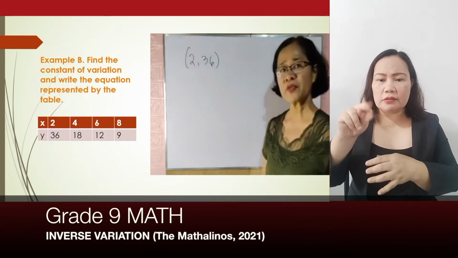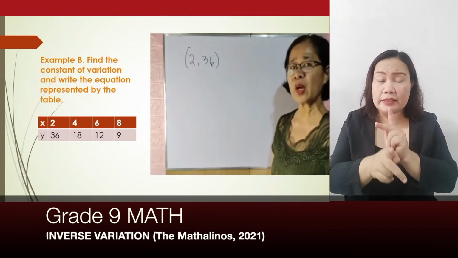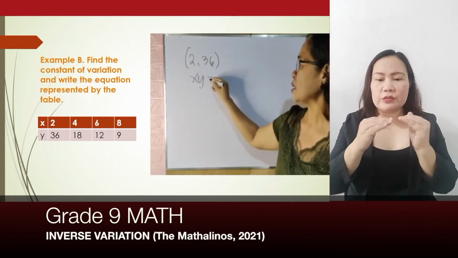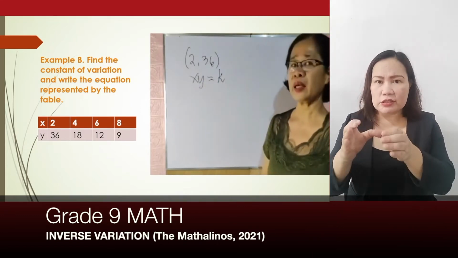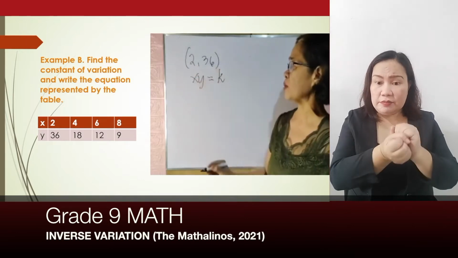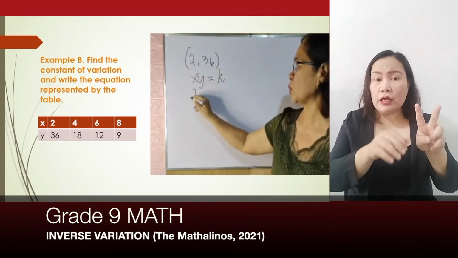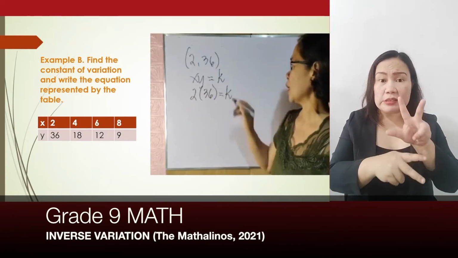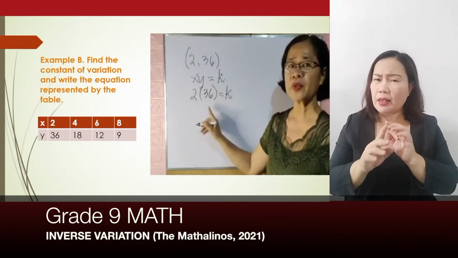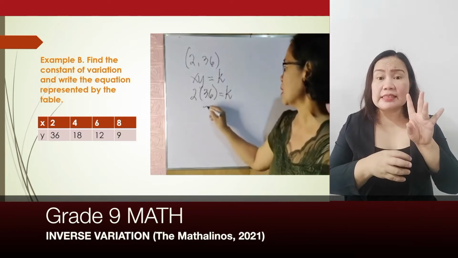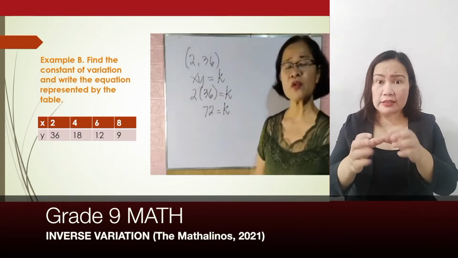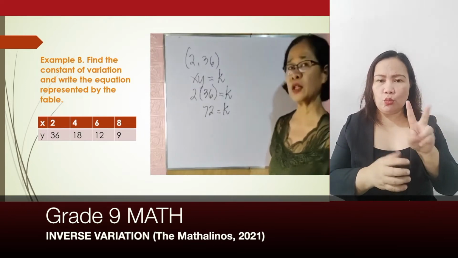In an inverse variation, the product of two quantities is a constant. So we have xy equals k. Substitute these values to x and y. So it will be 2 times 36 equals k. Then 2 times 36 equals 72. So therefore, the constant of variation is 72.